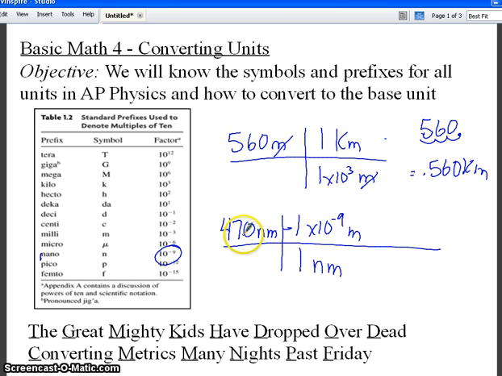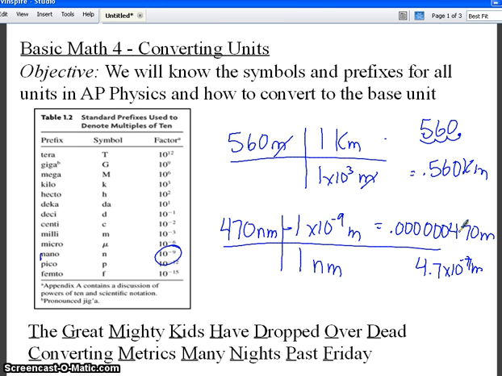So 470 times 1 times 10 to the negative ninth, that's going to give us a very small number. Because it's a negative 9 and it's multiplied, it's going to be 9 to the left. So it's going to be 0.00000470 meters. Or, in other words, 4.7 times 10 to the negative 7 meters. Because it's 1, 2, 3, 4, 5, 6, 7.